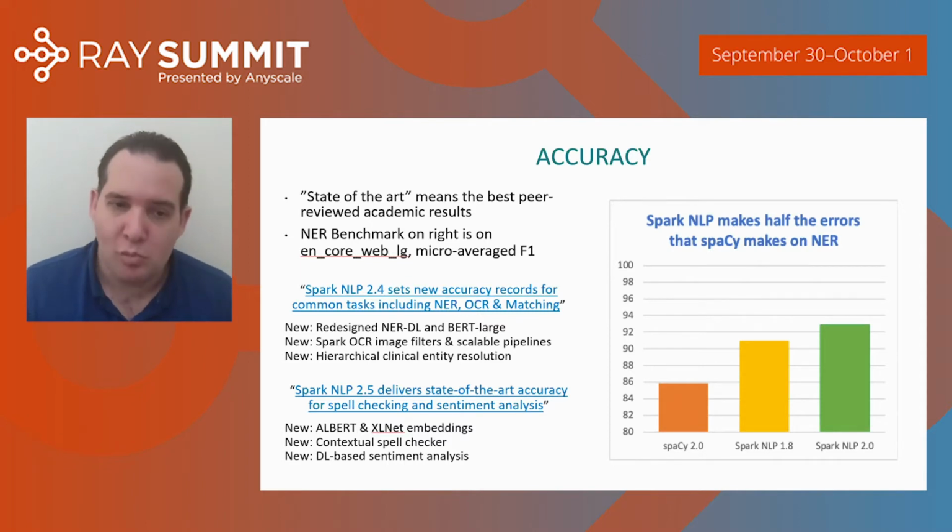In Spark NLP 2.5, we've re-implemented spell checking to have a deep learning-based contextual spell checker, and we've also re-implemented sentiment analysis. So a lot of the work makes sure that we keep the community at the top of the line accuracy, which means that we follow the papers, we try to reproduce them, and when something actually improves accuracy, we make it available.